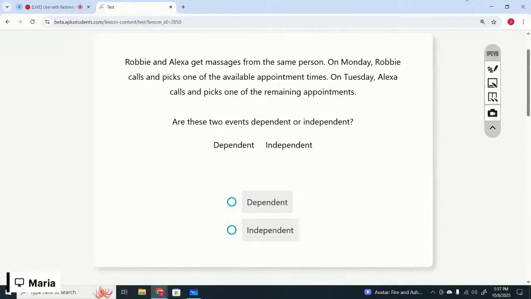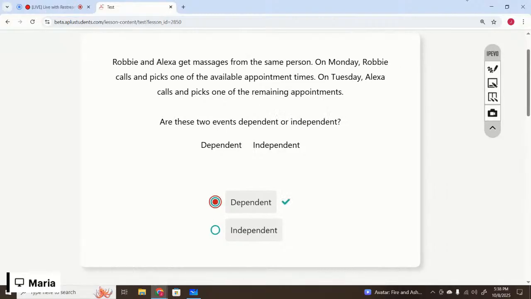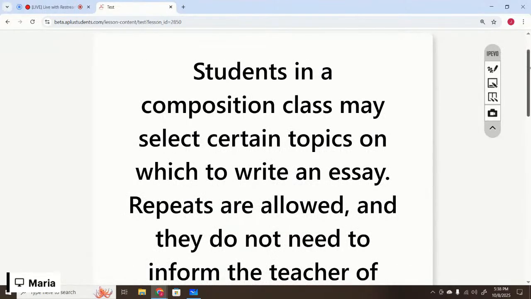The two events are dependent because the appointment Ruby picked is not available for Alexa.